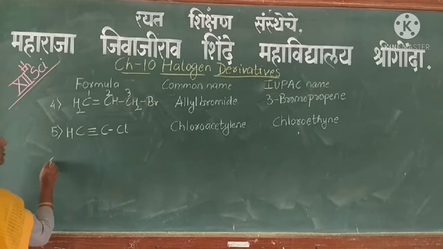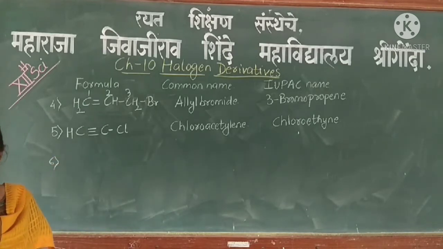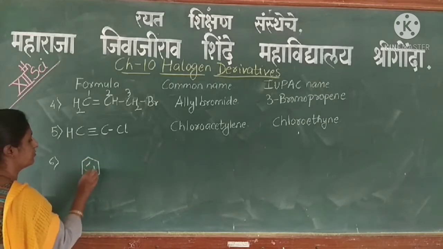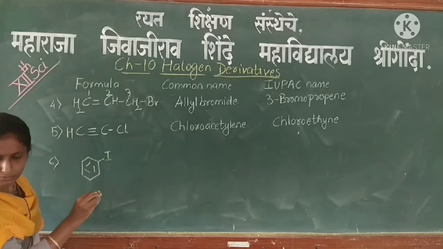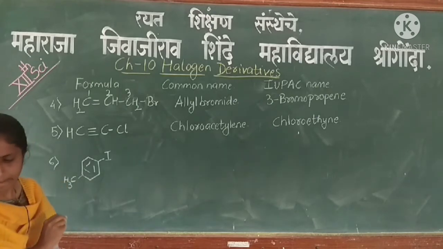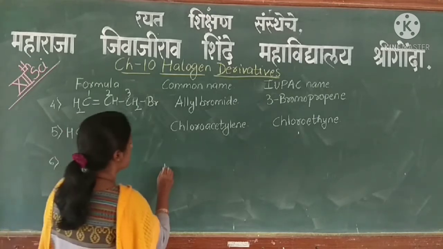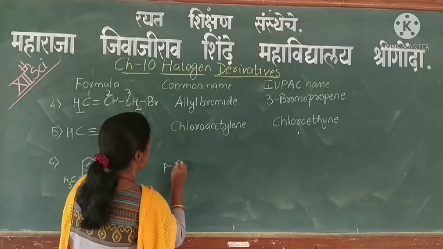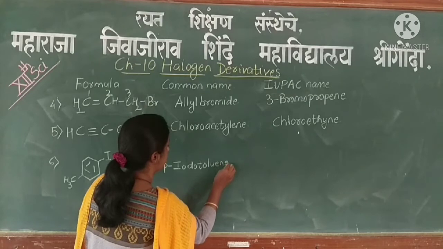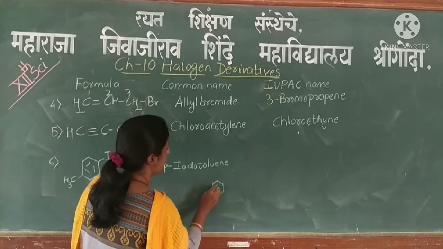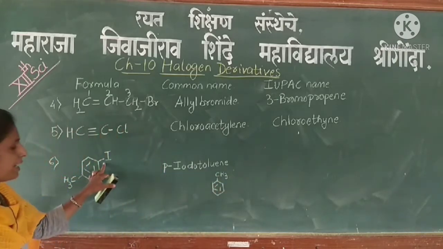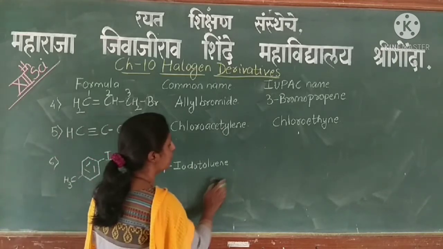Now next, let's move to some aromatic compounds. The common name of this is para-iodotoluene. This compound is toluene, commonly called toluene, and it has para-iodo.